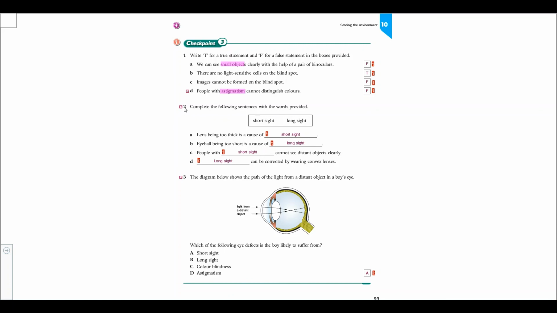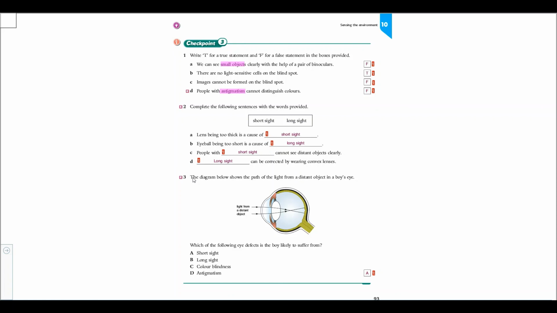Okay, and for 2C, they cannot see distant objects clearly, so it would be a problem for short sight. And wearing convex lens would be long sight correction. Alright, correction of long sight will be wearing convex lens. So it is all about the section short sight and long sight. If you have any questions, just refer back to that part.